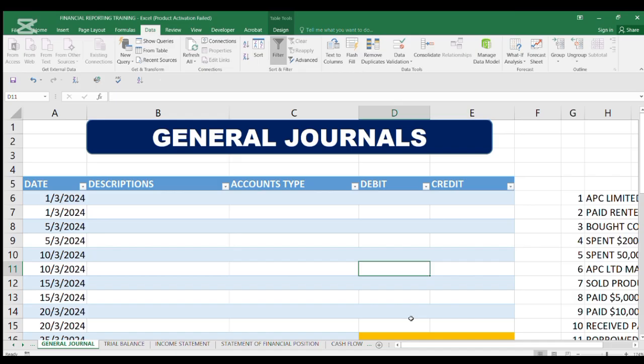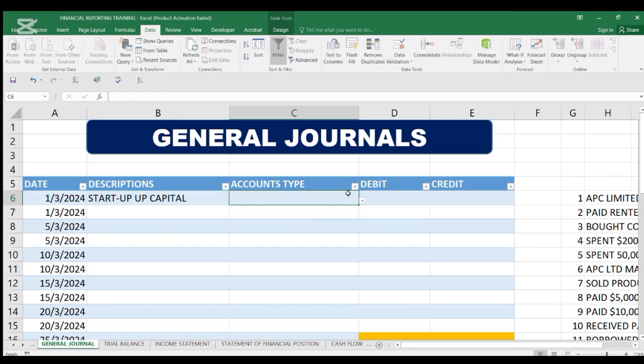All right. So first of all, the first transaction said that APC Limited started a business with a capital of 1 million US dollars. So what we need to do is to come here, this is the description, and type startup capital. You are the one that will type this because it's just a summary of the transaction.